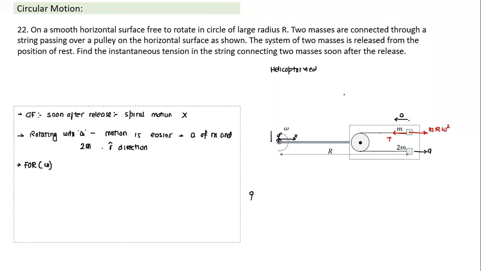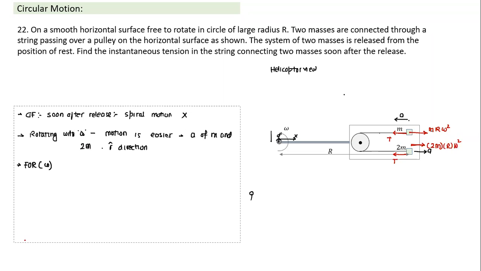That's the centrifugal force. Coming to this other object, in its free body diagram this also will be T, and the centrifugal force will be the mass 2m into its distance from the axis of rotation R into omega square.